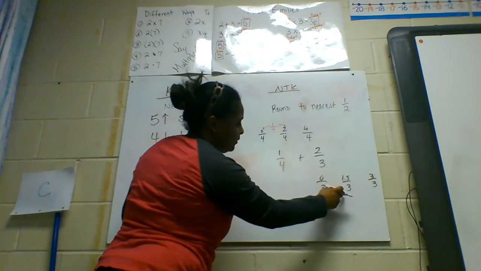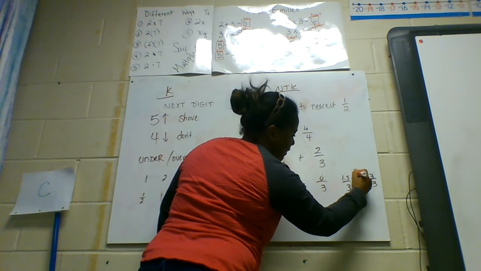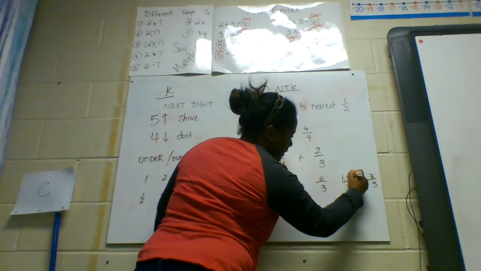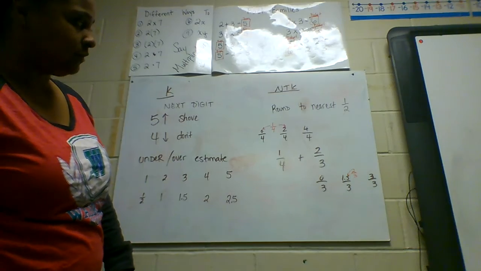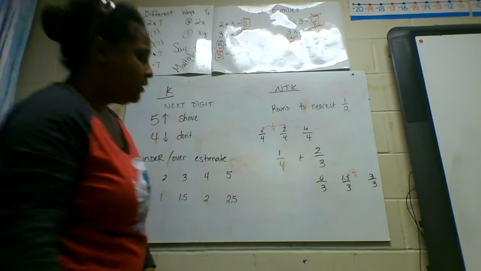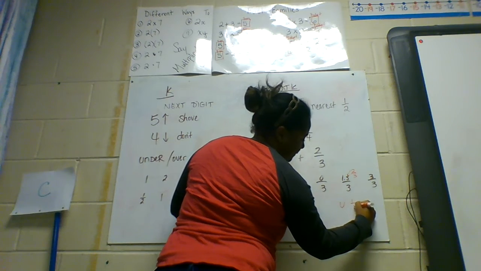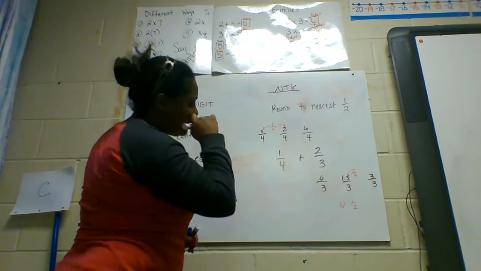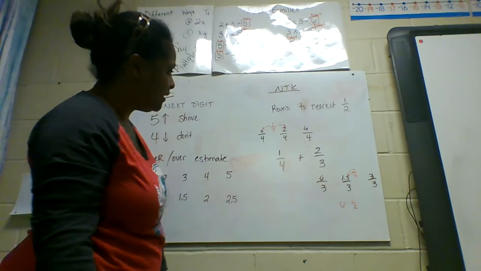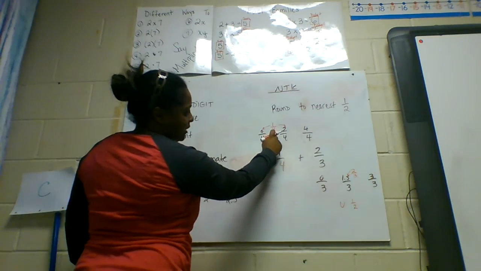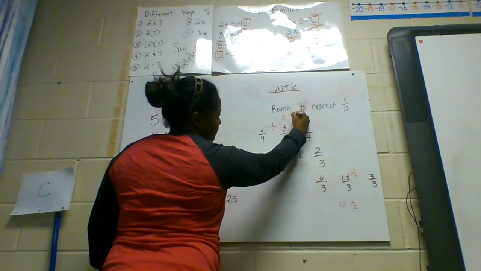Then we have 2 over 3, which is definitely closer to 1.5 over 3. It's only 0.5 away. So I'm going to kind of underestimate this to 1 half. And because I've underestimated this to 1 half, I mean, it's definitely closer to 1 half. I'm going to choose then to overestimate this to 1 half.